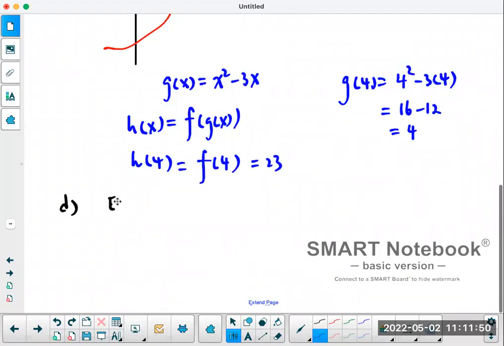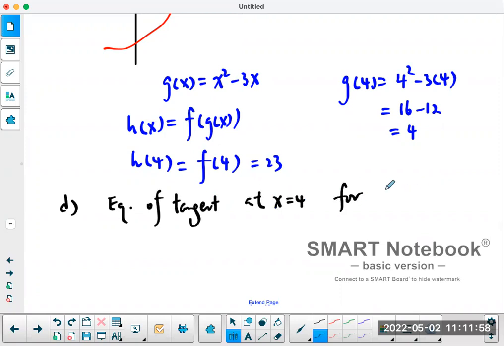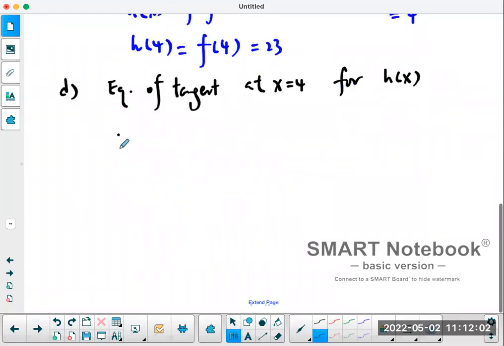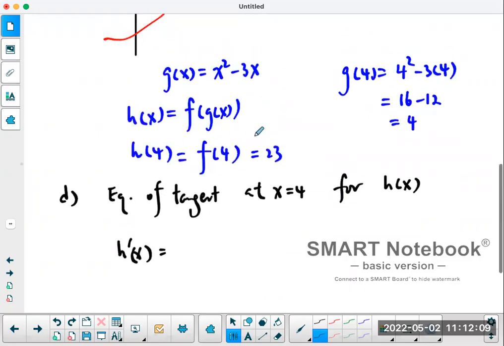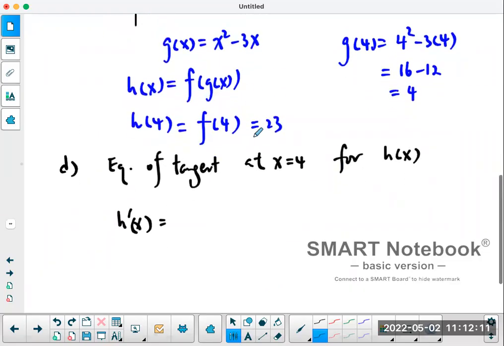So that's the equation of tangent question, which is part of the derivative at x equals 4 for h at x. So first of all, I need h prime at x. Well, I don't actually have the function, right? So here's the tricky part where a lot of students will find this hard. I don't actually have the function. How do I find the derivative?